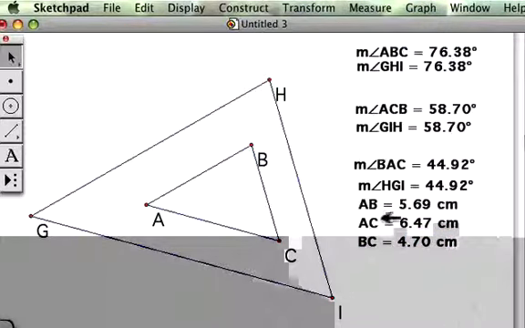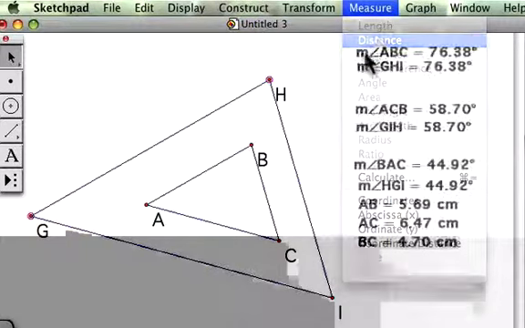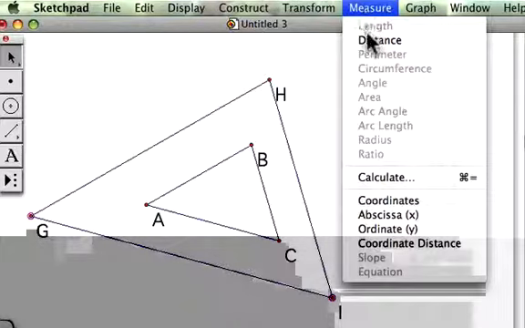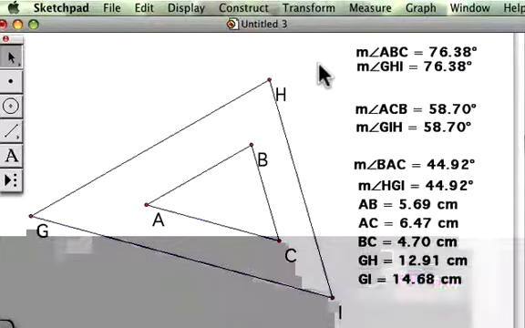So now I've measured the three sides of the smaller triangle. Now I'm going to measure the three sides of the larger triangle. So I'm going to click on G and H, measure distance, then G and I, and then H and I.